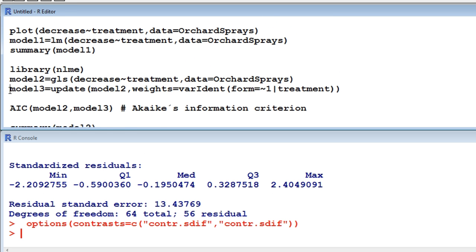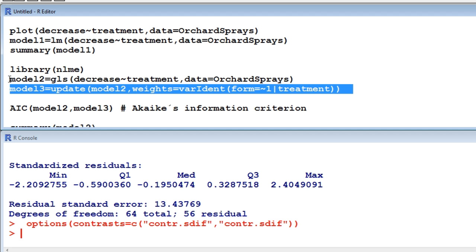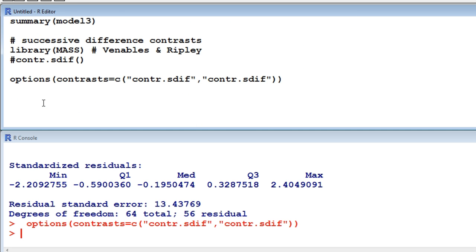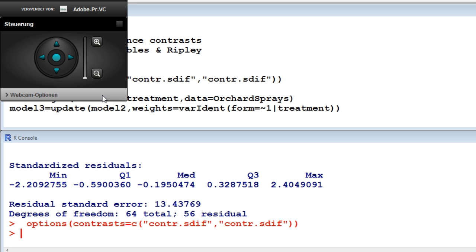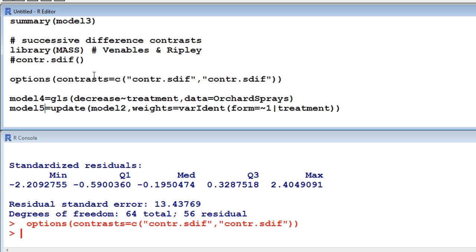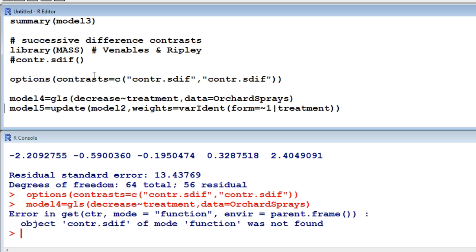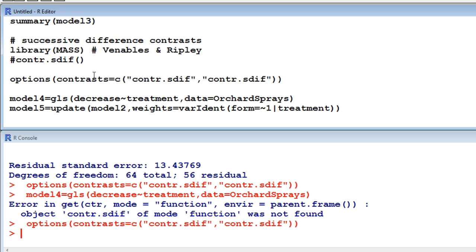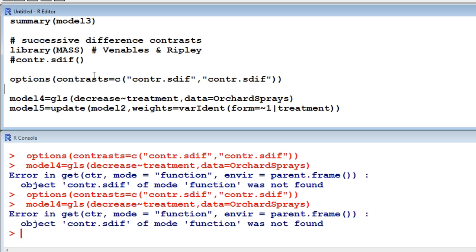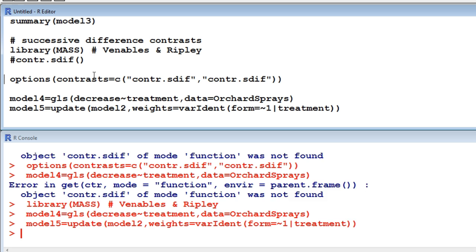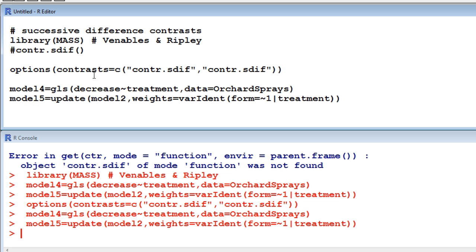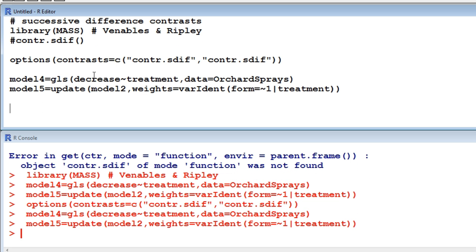We use model 2 and model 3 from up here again, and give them different names, so model 4, model 5. Where is it? Model 5, okay. Control R. Sorry, library MASS, I didn't load it yet. There you go, okay. Things happen. Okay, so we rerun those models.